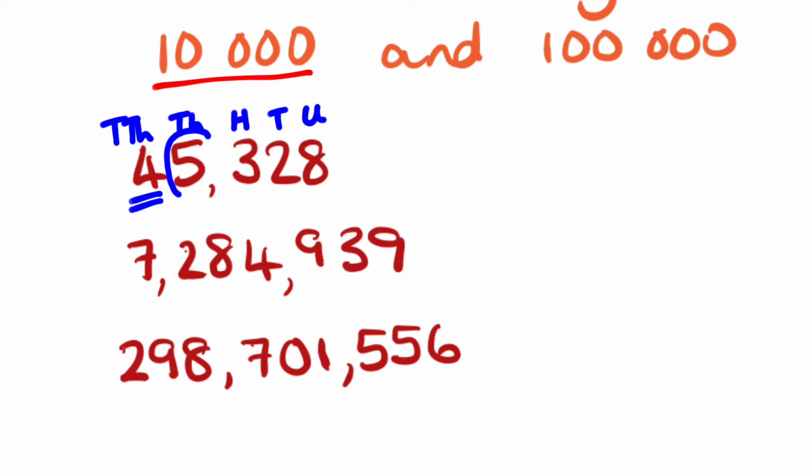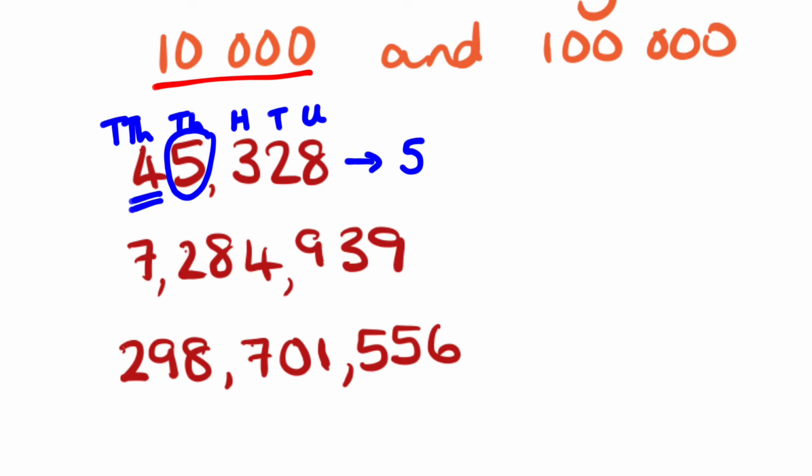So the 5 tells us whether we leave the 4 as it is or move it up to a 5. So we're going to have to move it up to a 5, aren't we? This 4 here becomes a 5. But we're rounding to the nearest 10,000, and 5 is not a number to the nearest 10,000, is it?